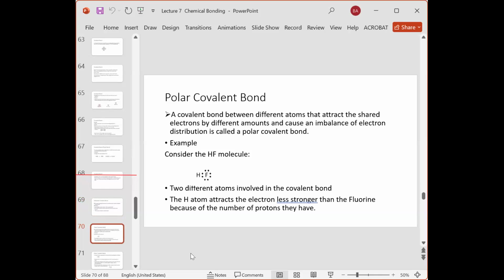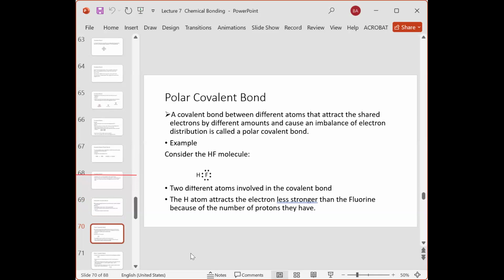So a covalent bond between different atoms can attract the shared electrons by different amounts and cause an imbalance of electron distribution, which is the polar that I was talking about. Let's see hydrogen and fluorine. You have two different atoms involved in this bond. The hydrogen atom is not that strong to attract more electrons.